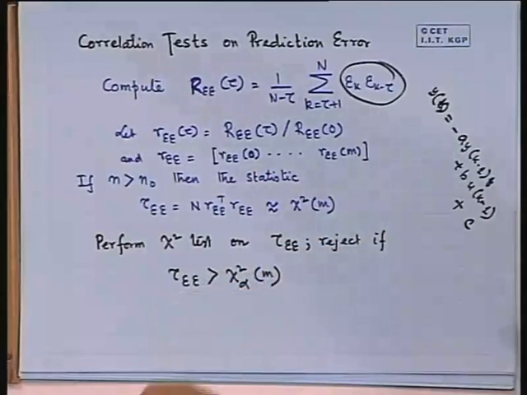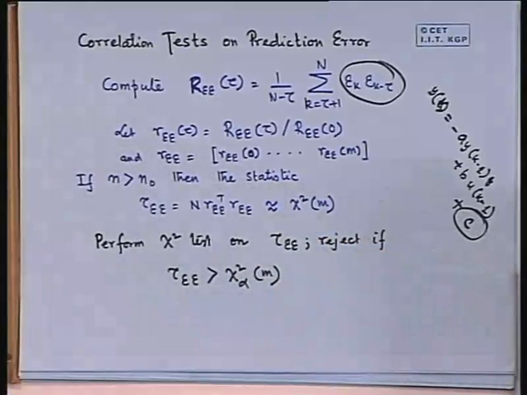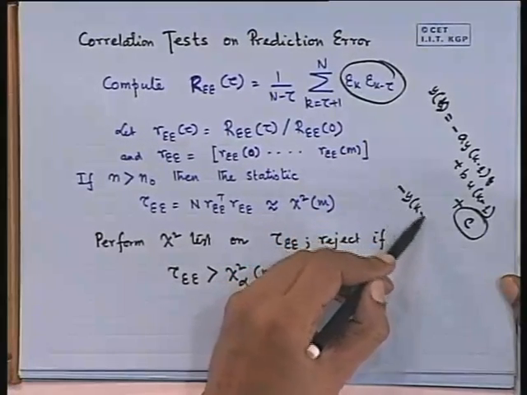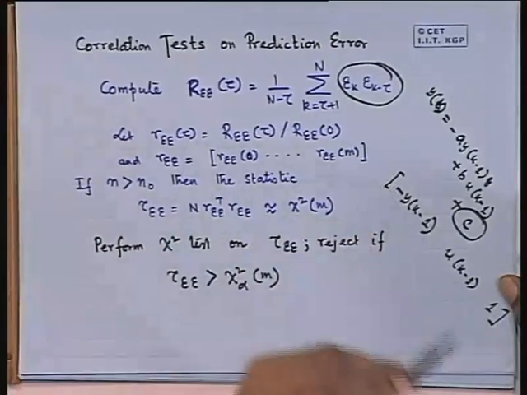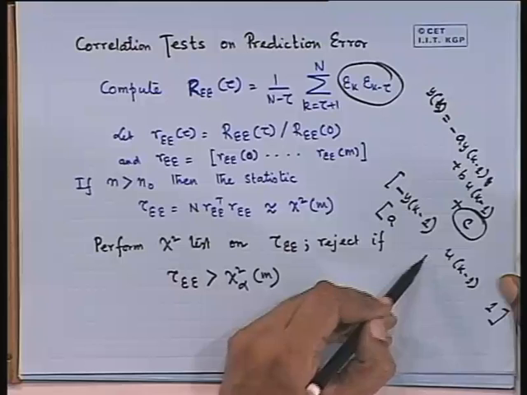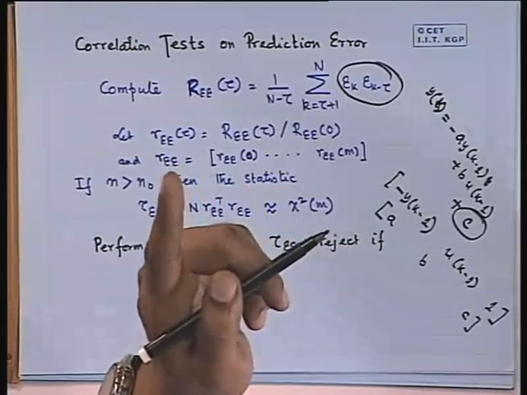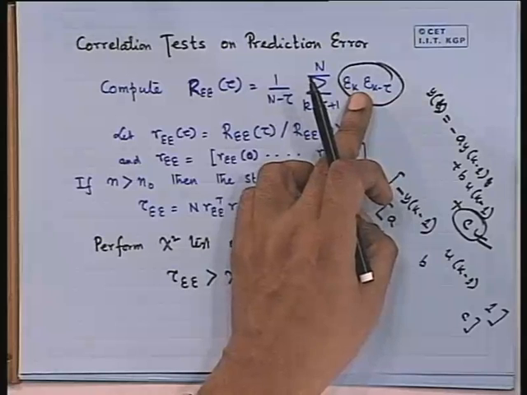If you think that your output measurements contain a DC, you should include a DC in your model structure. And then say that my data vector should be minus y_{k-1}, u_{k-1} and 1, and my parameter vector will be a, b and c. If you think that you have a DC bias in your measurement, you should model that bias, because if you don't model that bias, this property will never be satisfied.